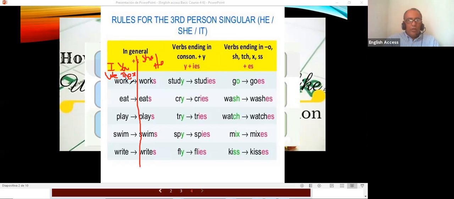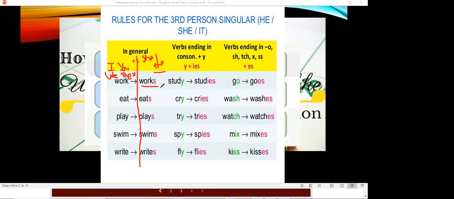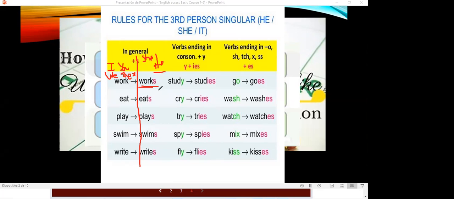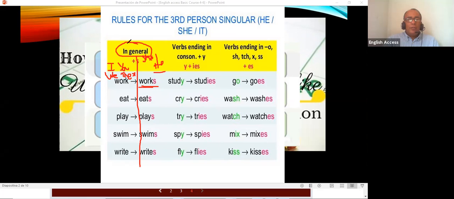Entonces, I work, you work, we work. Pero she, díganlo conmigo, she works. She works. Y para he, he works. This is in general for most verbs.